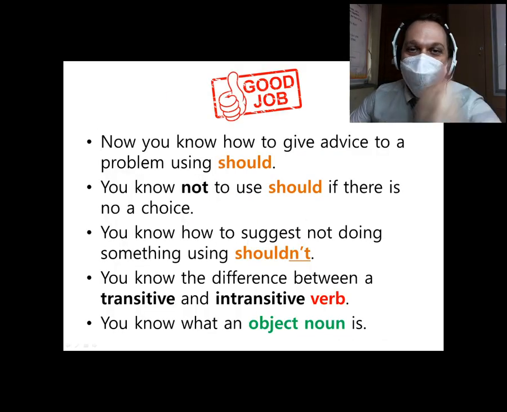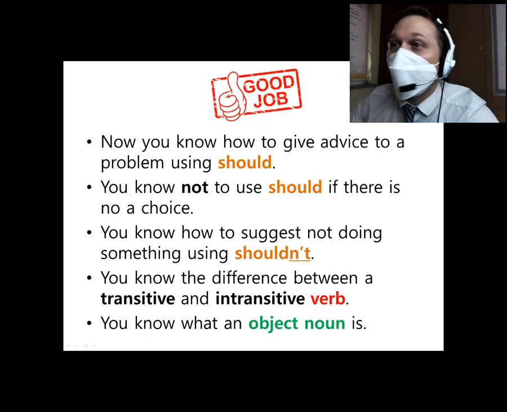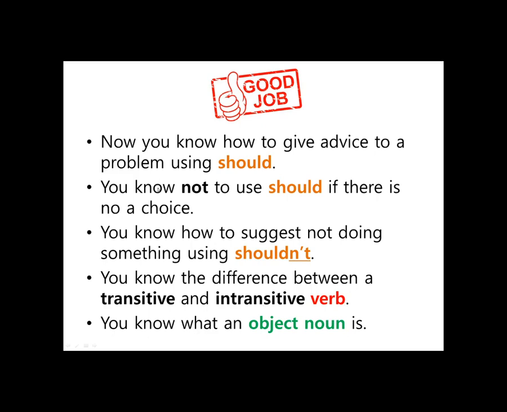Wow, good job. Okay, so let's see what we learned today. Now you know how to give advice to a problem using should, and you know not to use should if there is no choice. Okay, and you know how to suggest not doing something using shouldn't.